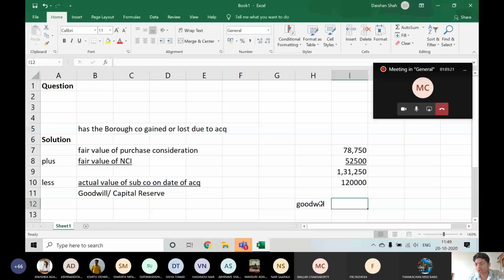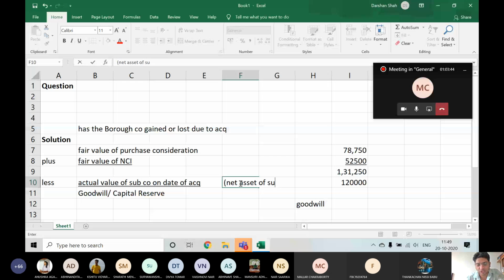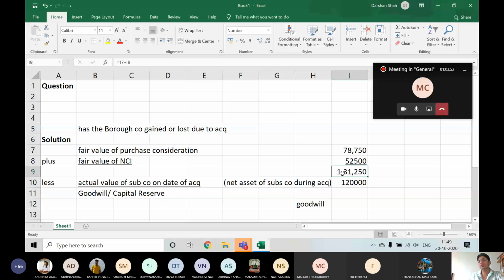This actual value is calculated as per the balance sheet. It is called the net asset of the subsidiary company during acquisition. So that's why that amount might differ from 1,31,250. How to calculate this net asset?